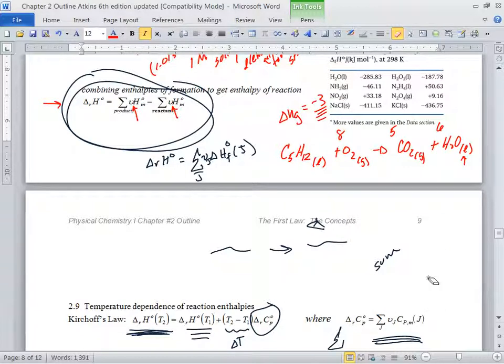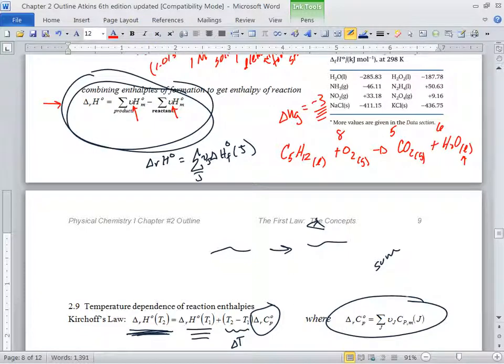They're trying to write little rules in a mathematical equation. So this stoichiometric number counter identifies the product or the reactant, but it has to be positive if that J compound is a product.